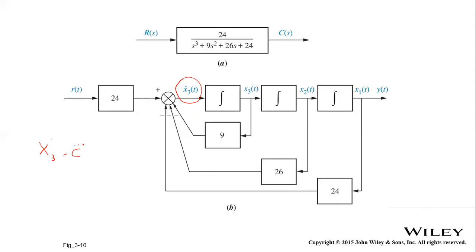So what we need to do is integrate 3 times, first, second, and third. The first integration, we get c double dot. The second integration, we get c dot, and the last one, we get c. So c is equals to the output, yt. So this is what happens here.